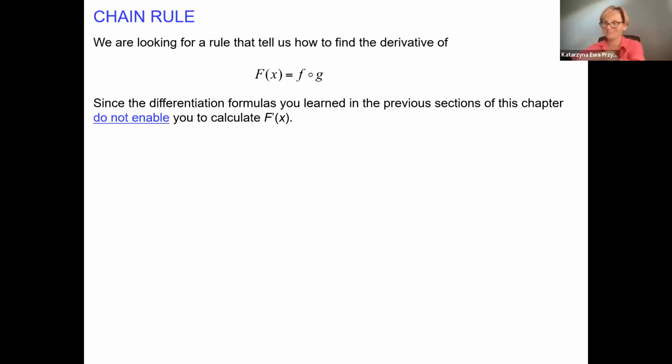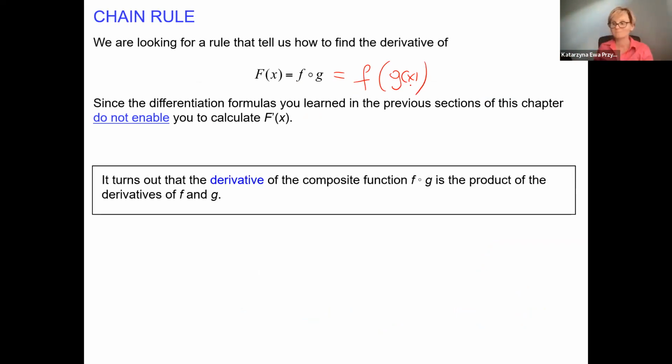The derivative of this function is not the product rule. It is just the product of the derivative of the outer function times the derivative of the inner function. Let me write this down.